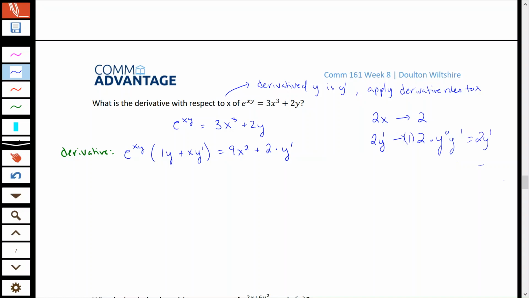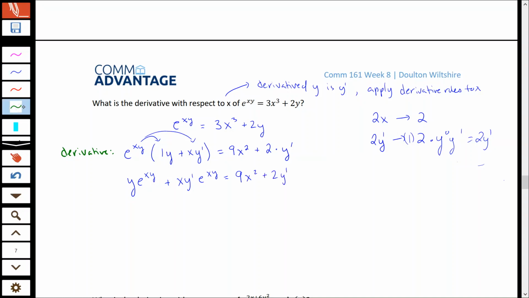And again, we're going to want to be able to collect our y primes. Before we do that, it's a good idea to try to expand this e term so we don't have any weird multiplication going on in the problem. So I'm going to have y e to the xy plus x y prime e to the xy. I am not going to do anything on the other side.